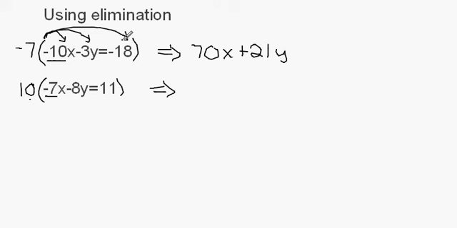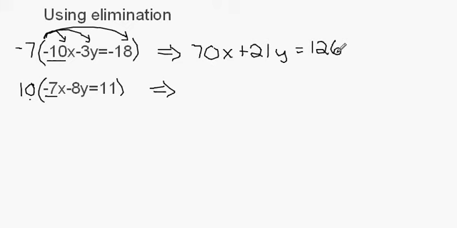And then a negative 7 times a negative 18 gets us 126. Now, that is our new first equation.